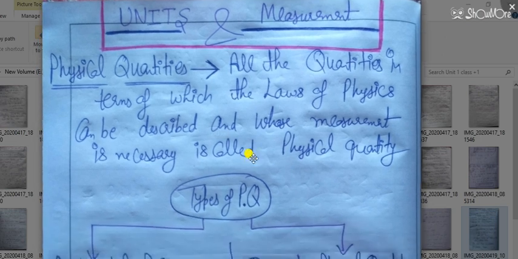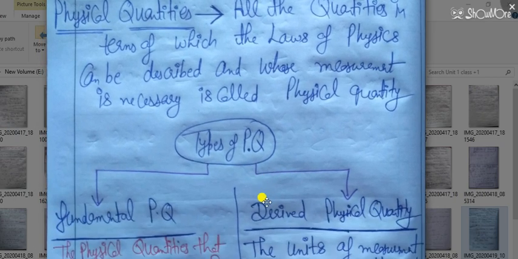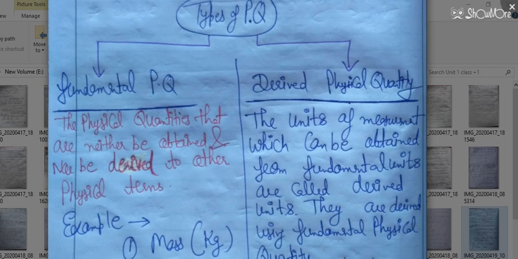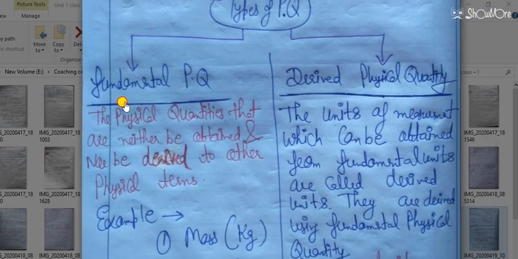The quantities on which we can apply the laws of physics are called physical quantities. And there are two types of physical quantities. One is fundamental, the other one is derived.